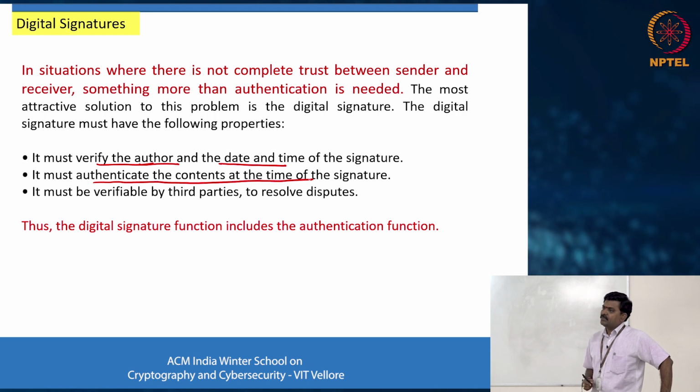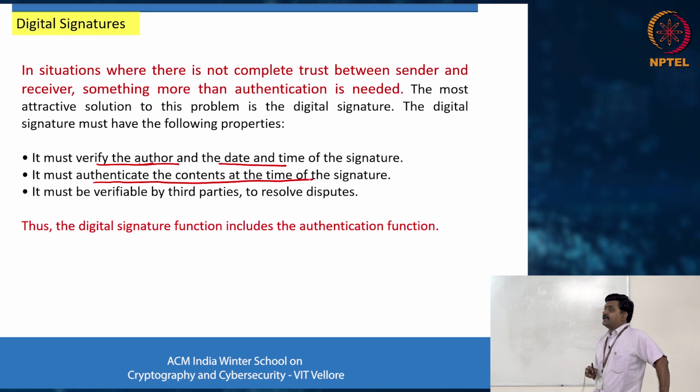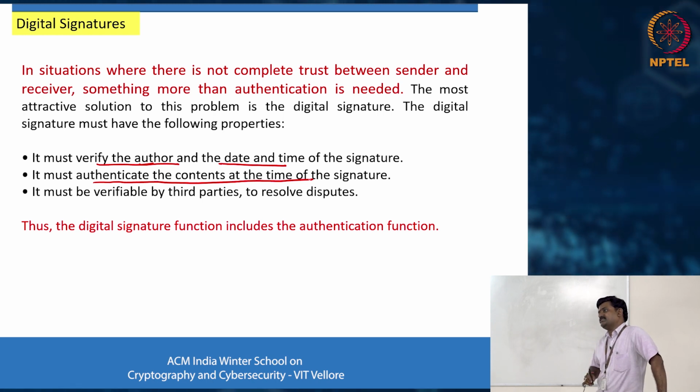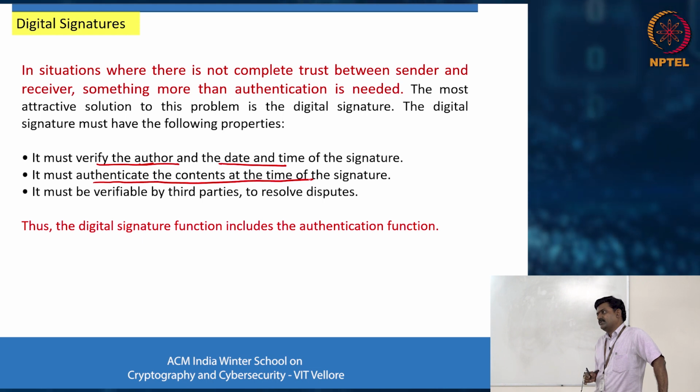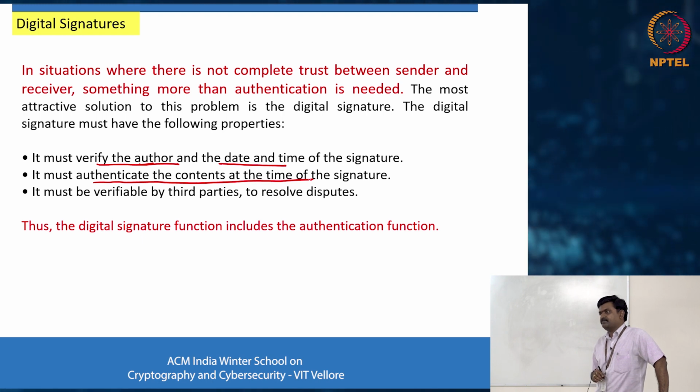That means when I am creating a signature, the signature should be based on the contents of the message. Look at the normal signatures. Whatever is the content, your signature would be the same, right? On a physical document, yes. A digital signature cannot be the same.